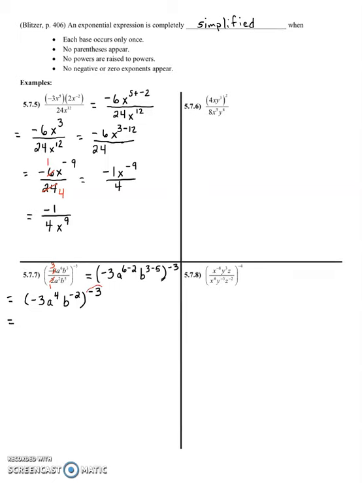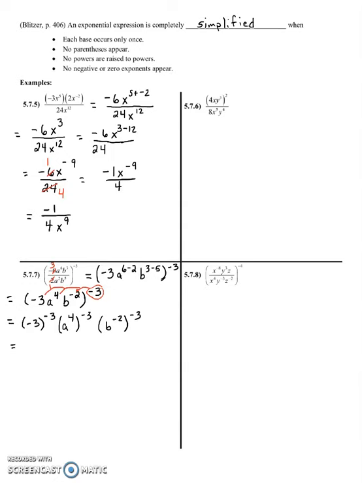We're going to take the -3 and apply it to every single factor. So we have negative 3 to the negative 3 power times a to the 4th to the negative 3 power times b to the negative 2 to the negative 3 power.